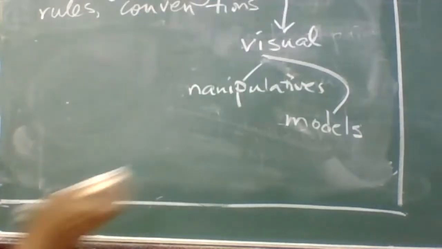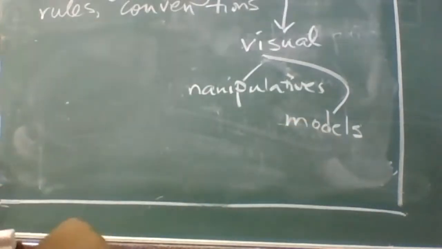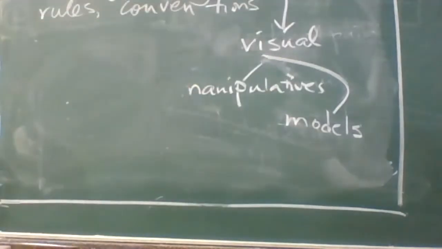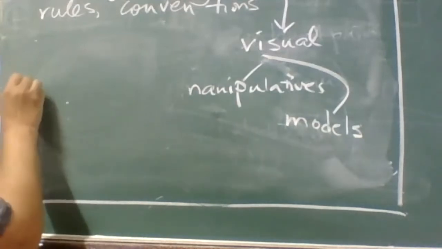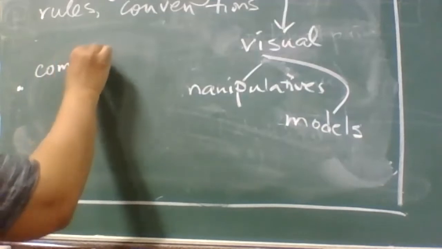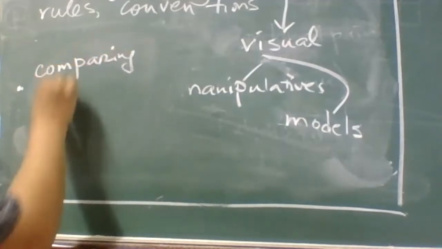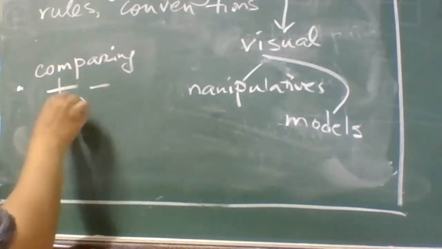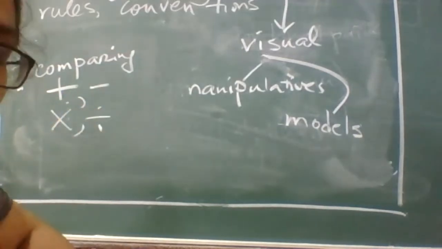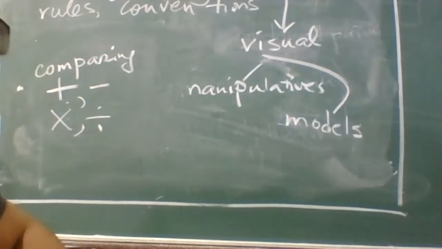Now, once you establish need and meaning-making, with all the rules and conventions and some level of visuals, then when it comes to playing around with them, that is comparing, addition, subtraction, multiplication, division, that is where you try to problematize as much as possible.